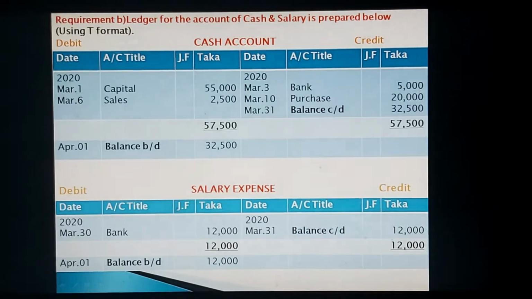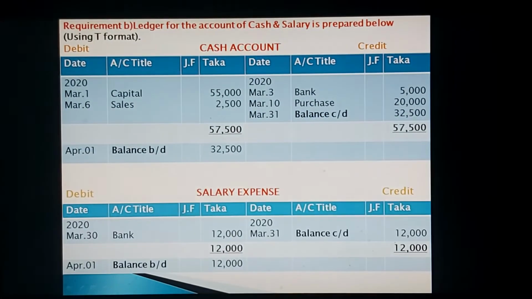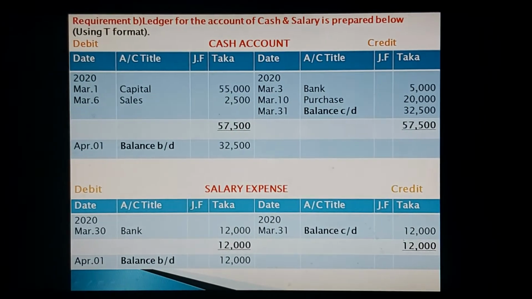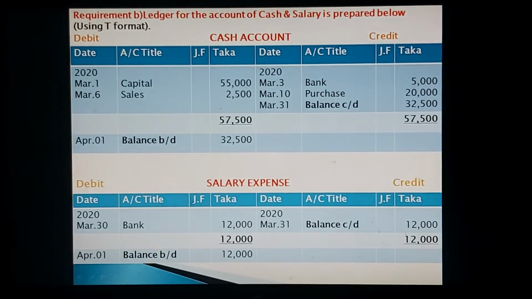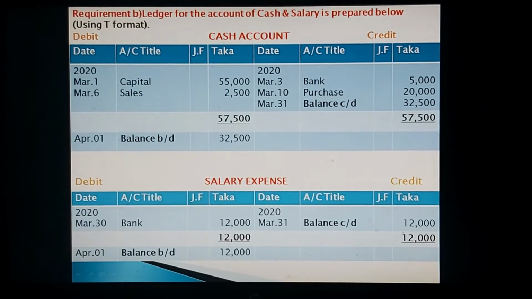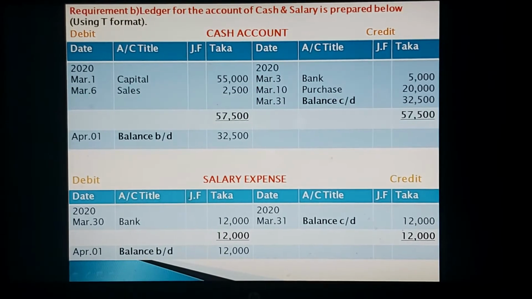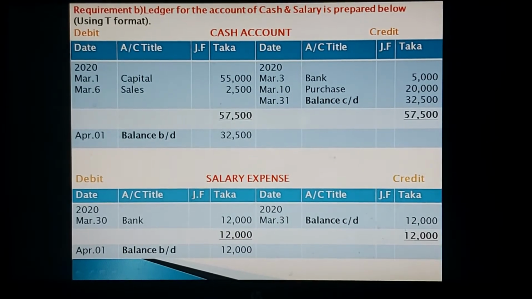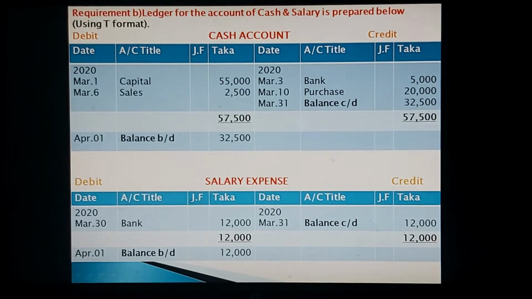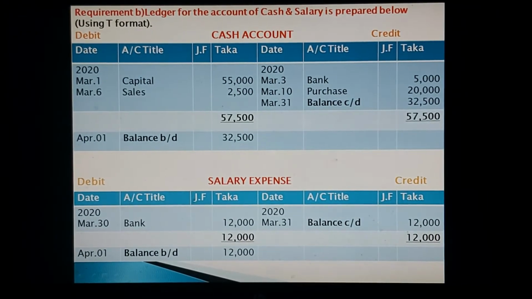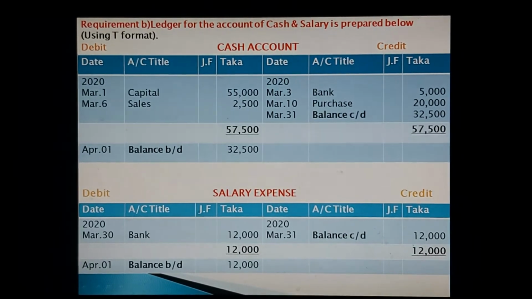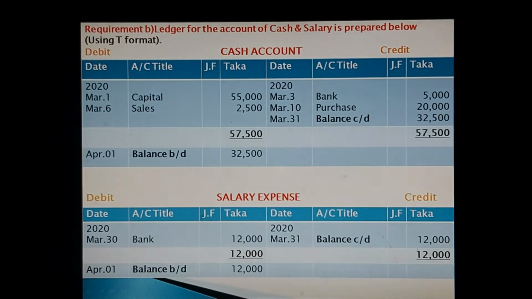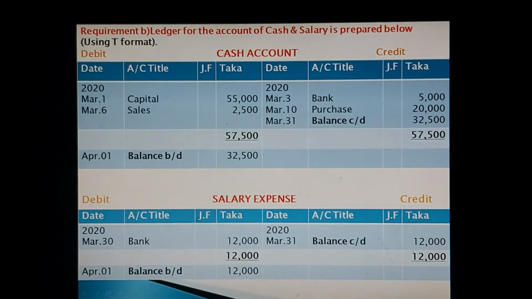After posting these transactions, you have to see which side totals more than the other side. In this cash account, the debit side total is 57,500, but the credit side total is 25,000. So it can be said easily the debit side is more than the other side.